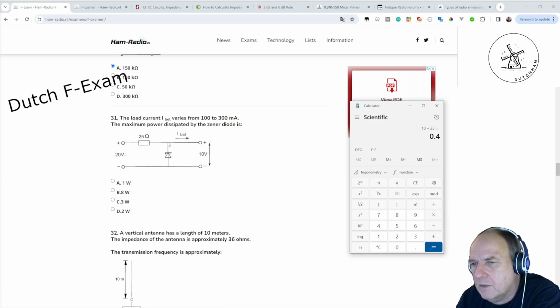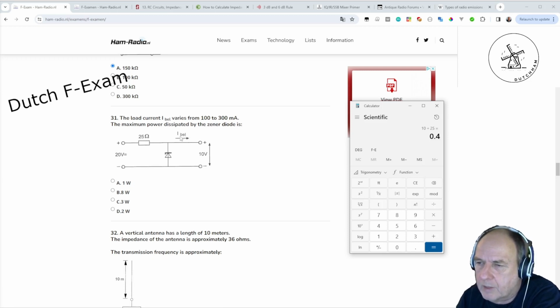Because the Zener diode will pull this part back to 10 volts. Okay, that again. So to pull this back to 10 volts, there will be a current of 400 milliamps going through the resistor.